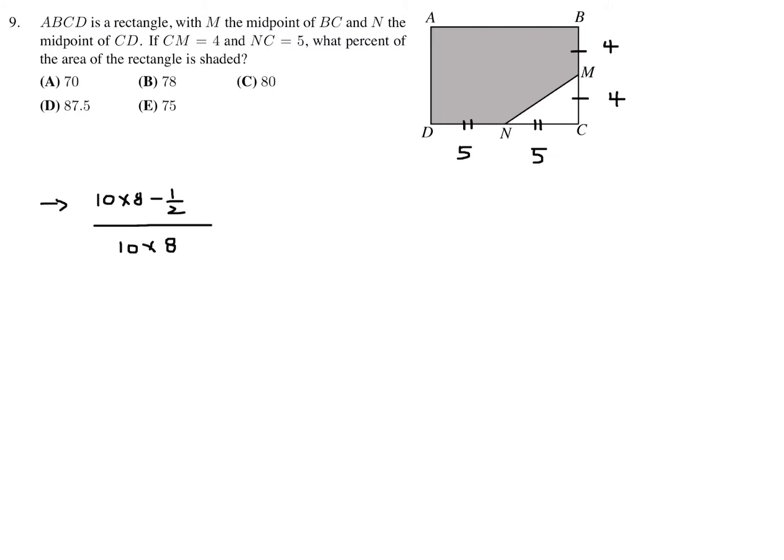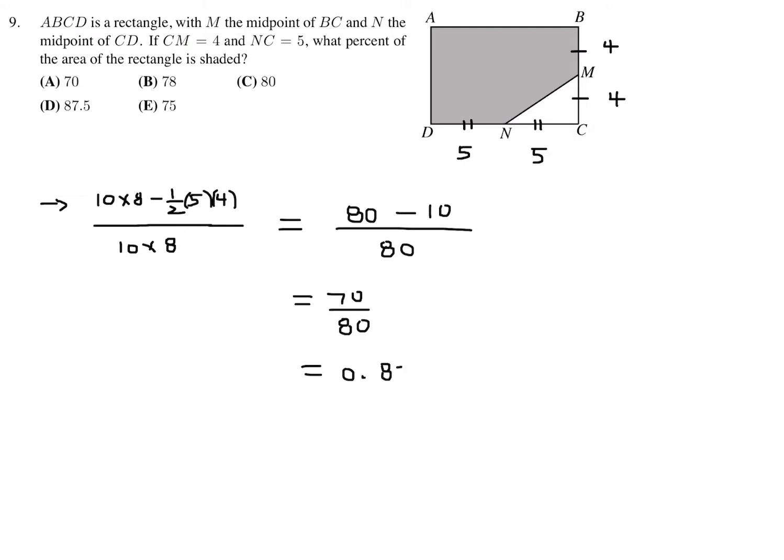So that's 1/2 base times height. So this looks like 80 minus 20, all over 80. So that's 60 over 80. And as a decimal, it's 0.875, and therefore as a percentage, it would be 87.5. So number 9, the answer is D.